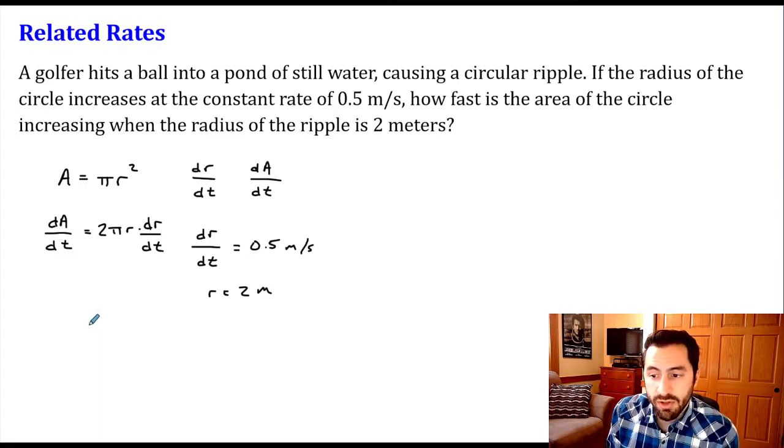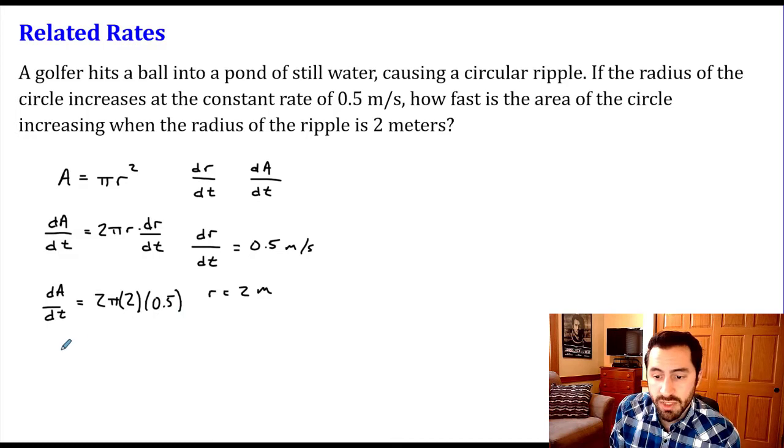After taking the derivative, we can plug in what we know. I know I want to solve for the derivative of the area, so that's going to stay as is. We want to find out what's happening when the radius is 2, so we'll plug that in. And we also know that dr over dt is equal to 0.5.